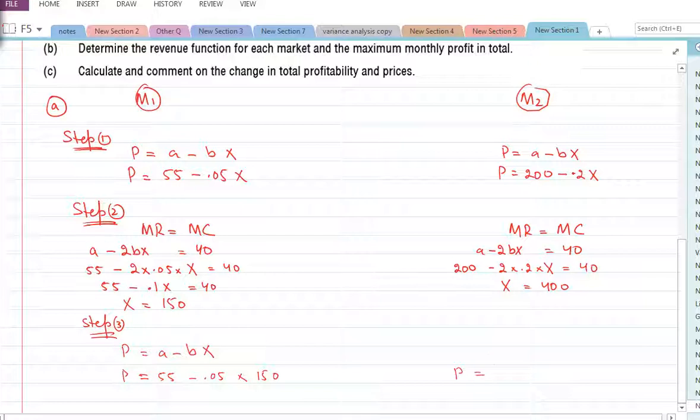P is equal to A, which is 200, minus B, which is 0.2, multiplied by X, which is 400.